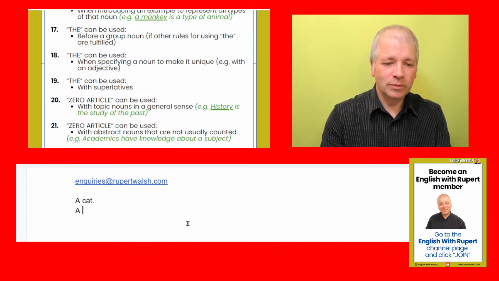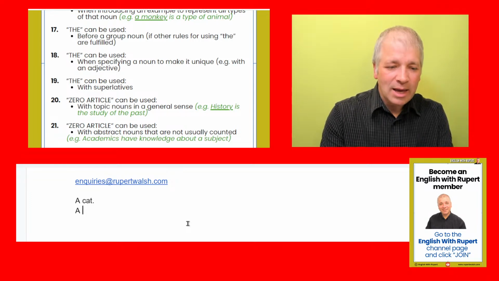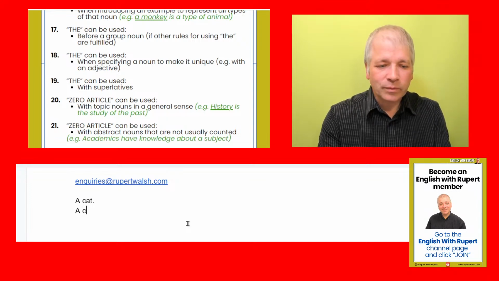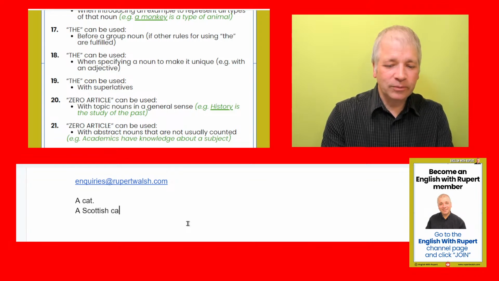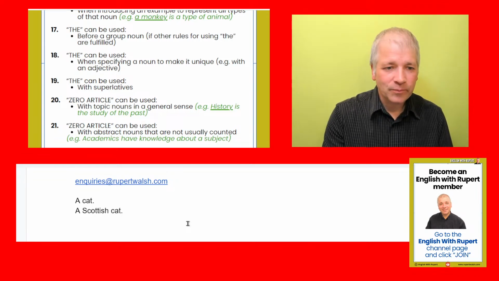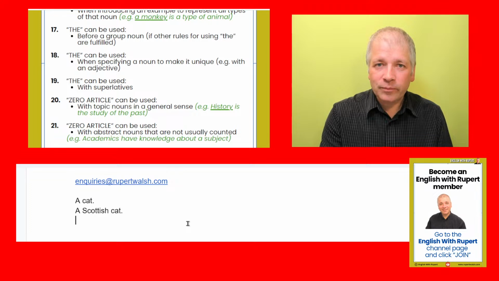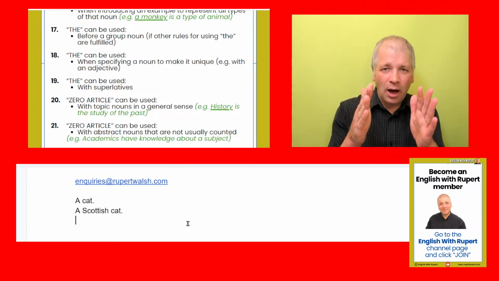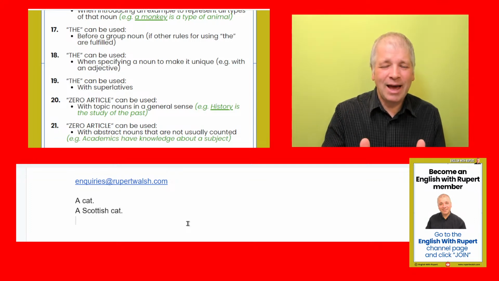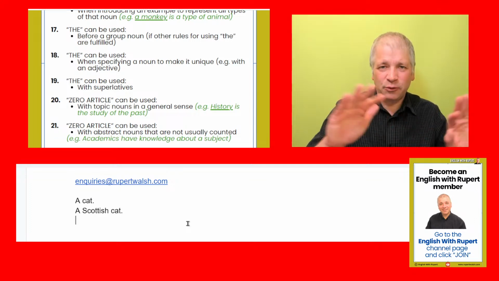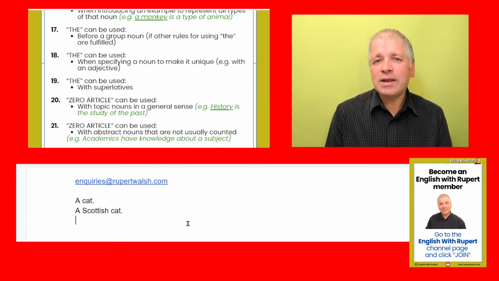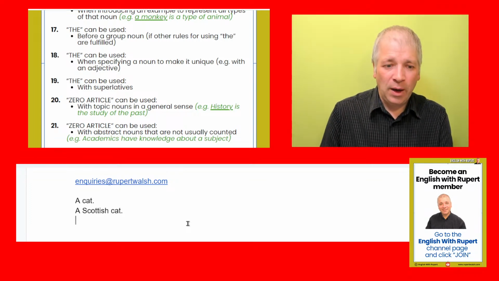Let's say a Scottish cat. So I'm just going to develop some ideas here. But what I'm trying to do here is I'm starting with a cat because I'm thinking of a cat that is just one example out of many. But as soon as I specify enough so that I'm left with one example of something, then I will switch to the.